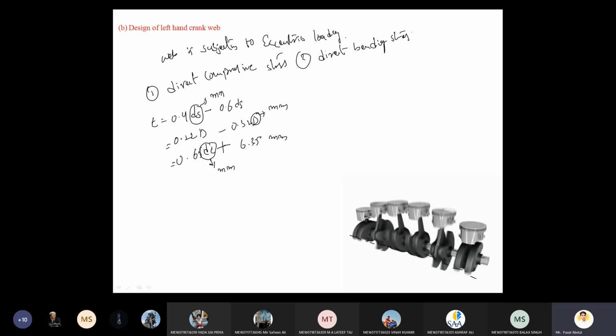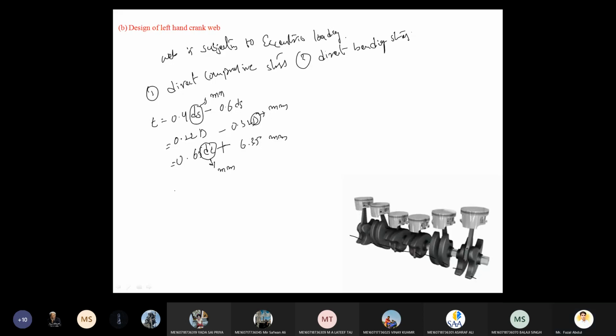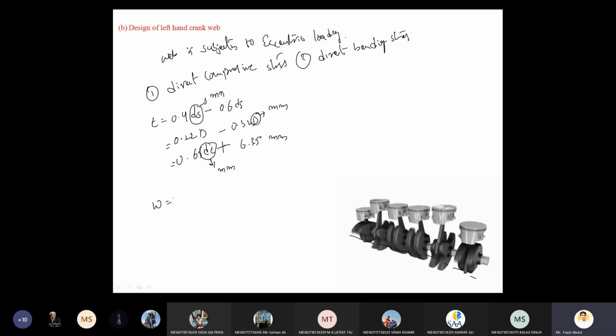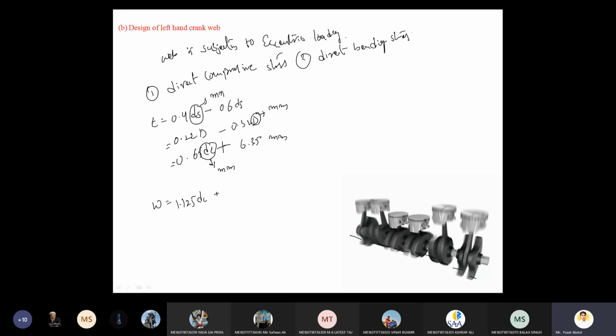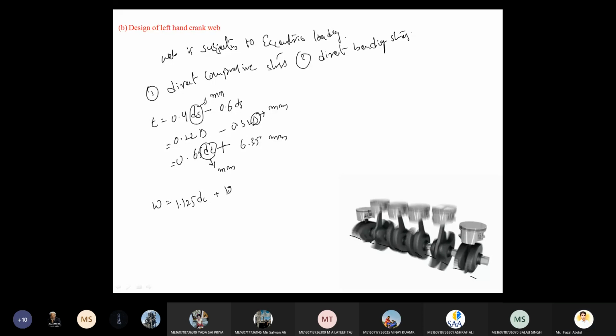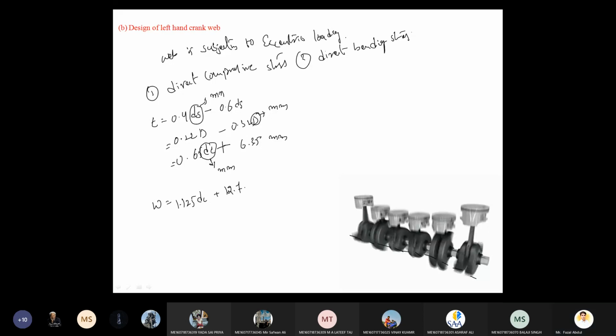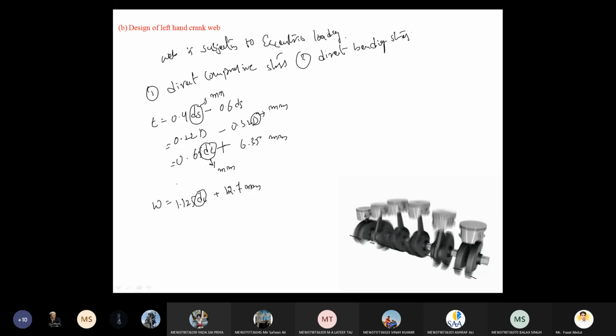And the width of the crank web W is 1.125 dc plus 12.7 mm, where dc is the diameter of the crank pin in mm. And the bending stress is the maximum bending moment by section modulus.